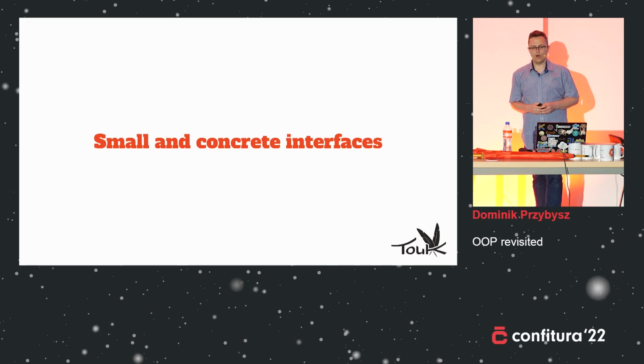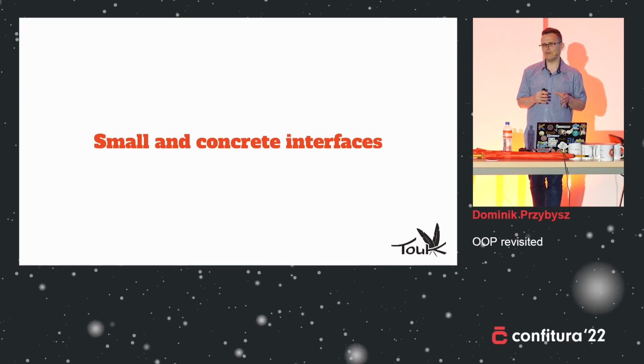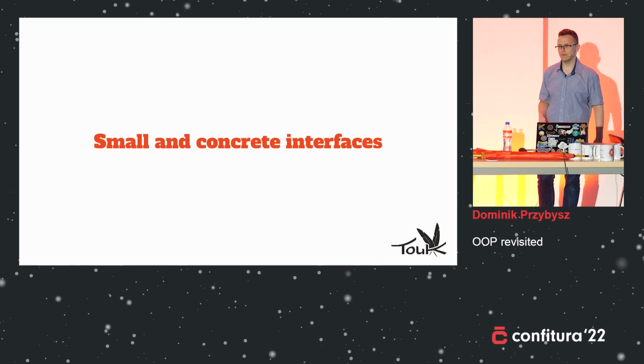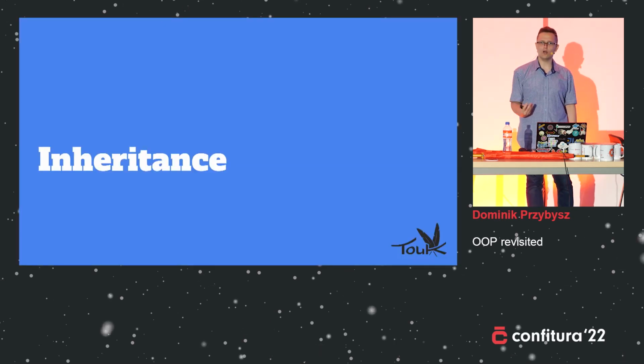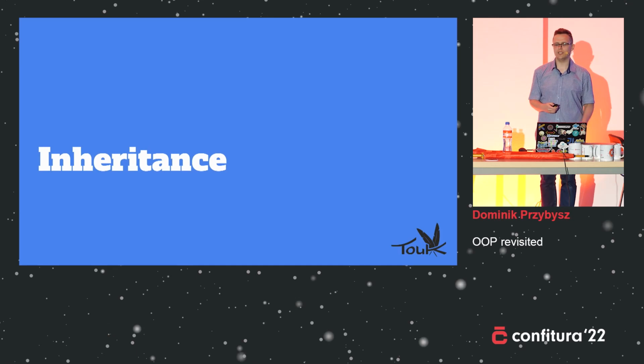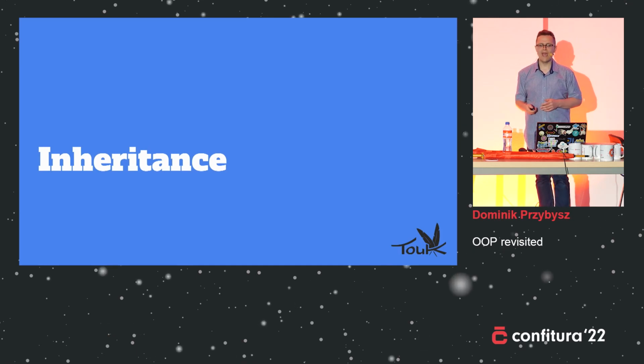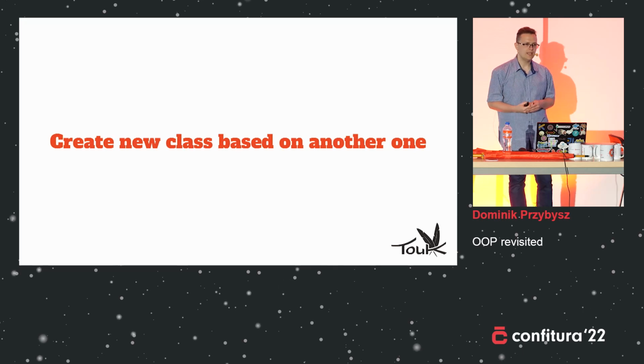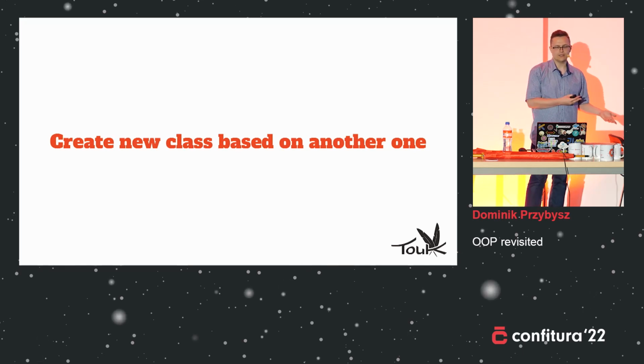Okay, a specific way of abstraction that we additionally have in object-oriented programming is inheritance. And this is also the third principle of object-oriented programming, the third big principle. The whole idea of inheritance is to create new classes based on other existing classes.